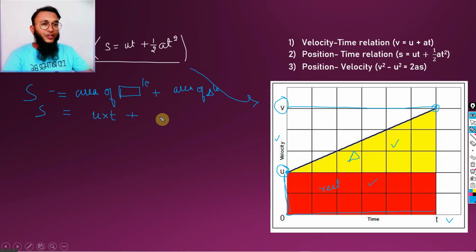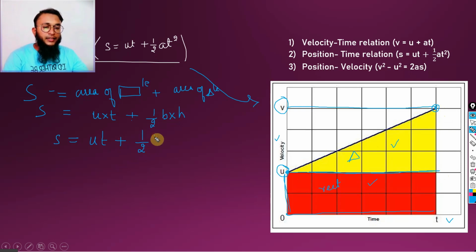And we already know that the area of a triangle is given by the formula half into base into height. So I will write S equals ut as it is, plus half. What is the base? When we are talking about the triangle, we should take the base which is this, which is again t.